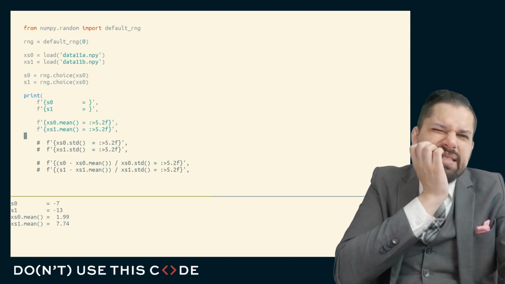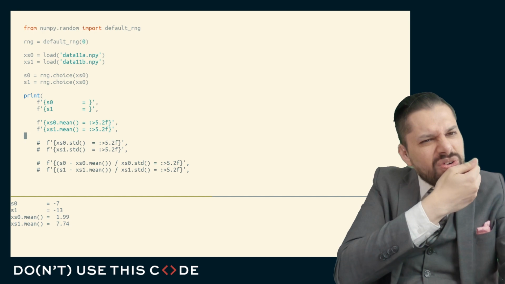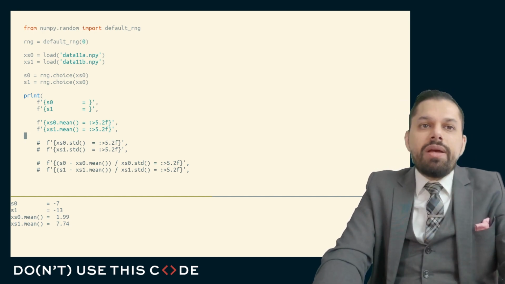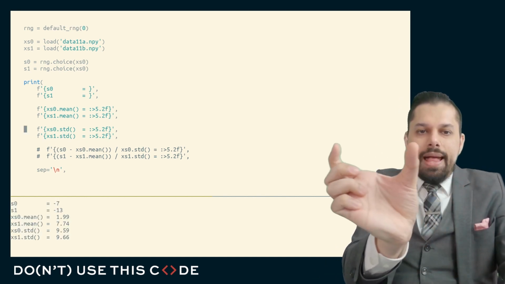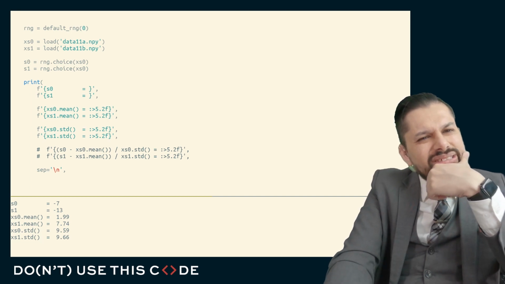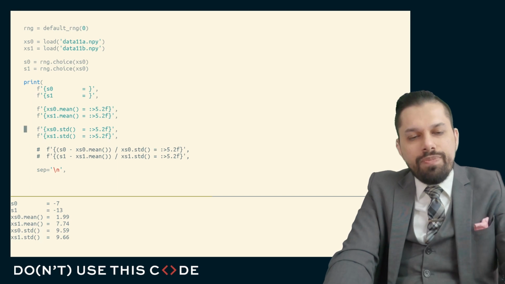But wait, is S1 really way further away from the center than S0? If I computed the standard deviation, I could look at what the average spread is, and say, oh, these actually have about the same clustering: about 9.5 for the standard deviation of one and 9.6 for the other.